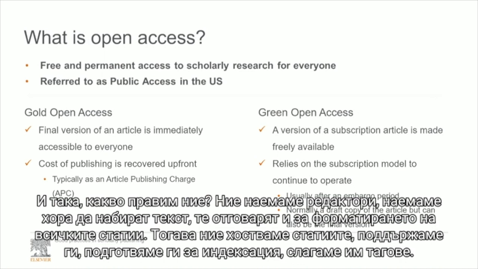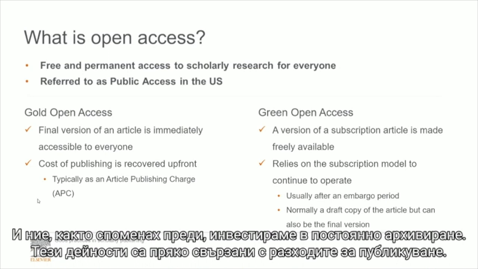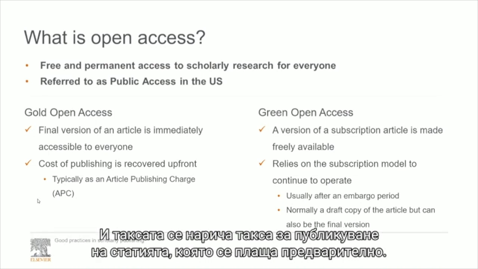Then we, of course, host them, we maintain them, we prepare them for indexation, so we tag them, we make sure you get visibility for your paper, and we host it on ScienceDirect with millions of users every month. And as I mentioned before, we invest in permanent archiving, because those activities are directly related to the cost of publishing, and that is called the article publishing charge that is recovered upfront.